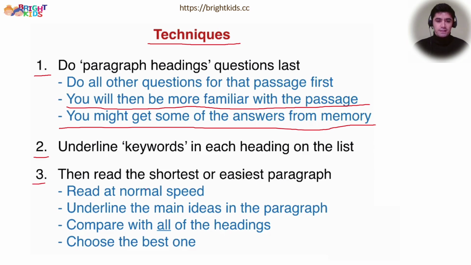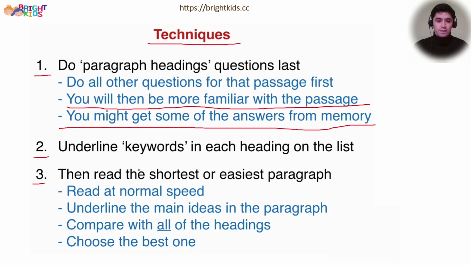Number 3, then read the shortest or easiest paragraph. Usually, you don't really have to start the paragraphs from the very beginning. For example, if paragraph A is the first one, you don't really have to start from paragraph A. You can start from any paragraph, because the heading is given separately for each paragraph in the task.